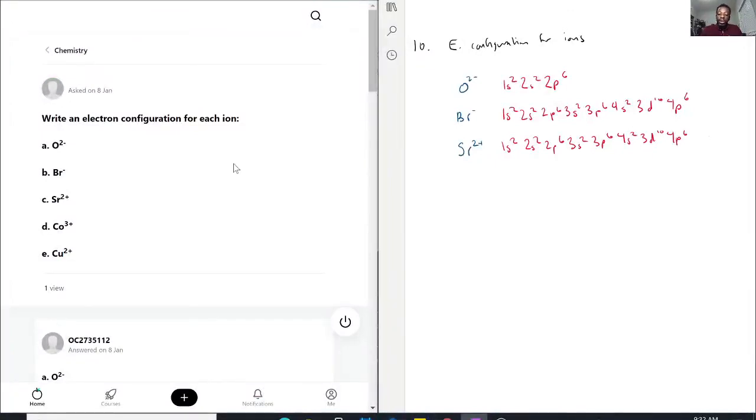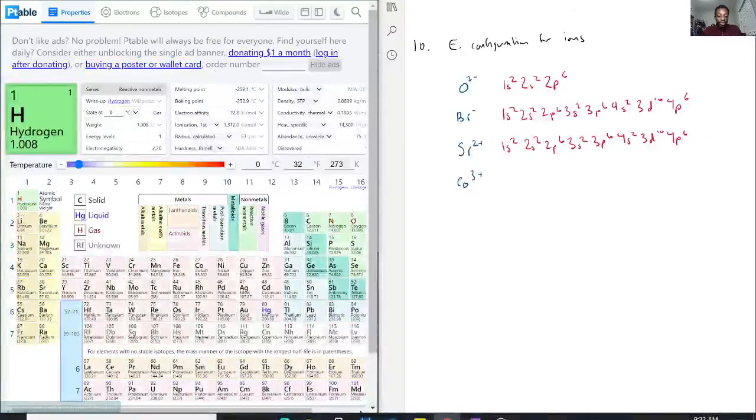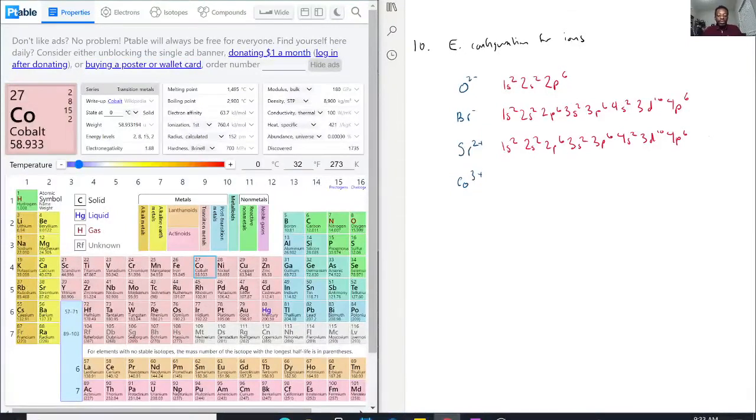So now we're dealing with cobalt 3 plus, okay? So cobalt's right here. It's going to lose 3 electrons. But let's first draw out what it would be.